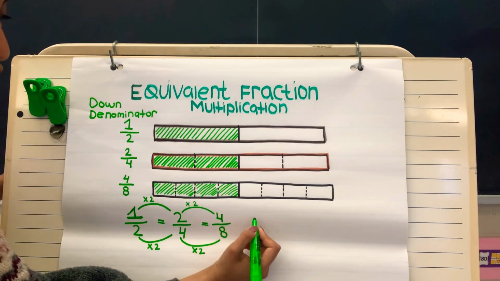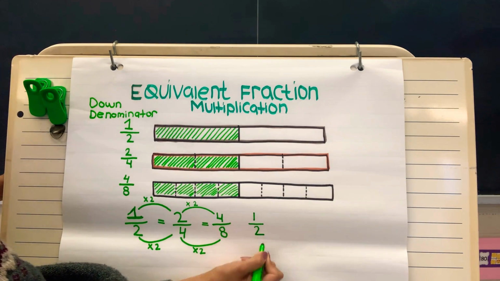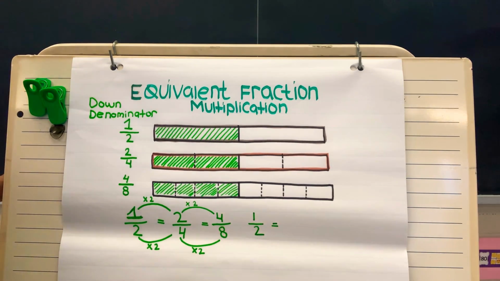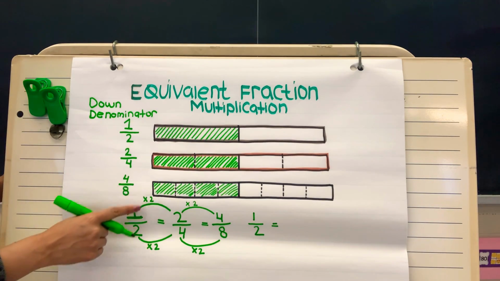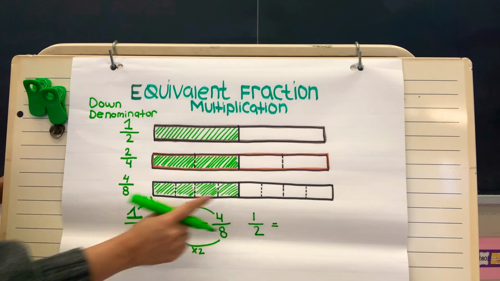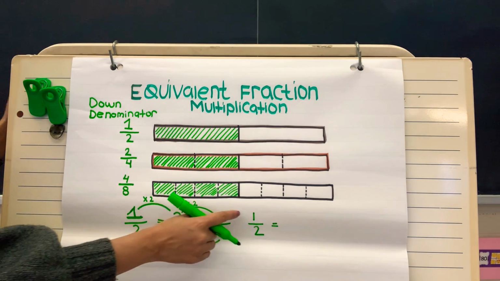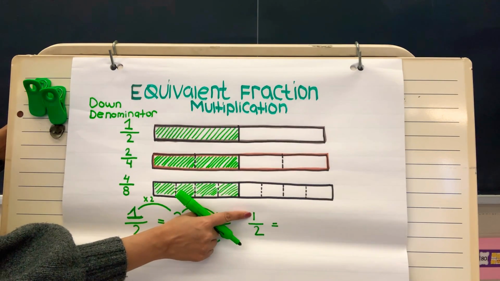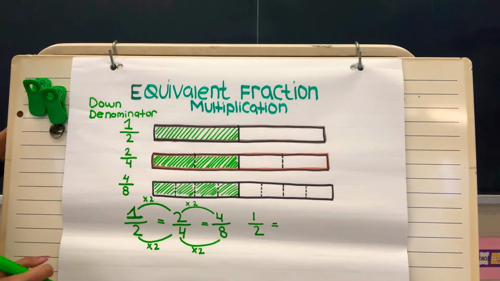I can write 1 over 2, and I'm going to ask myself, how did I get from 1 over 2 to 4 over 8? Which number do I need to multiply my 1 and 2 by to get 4 and 8?